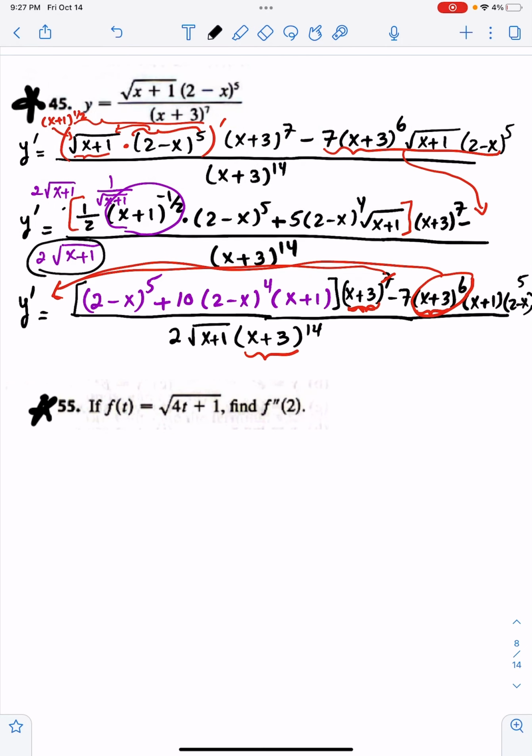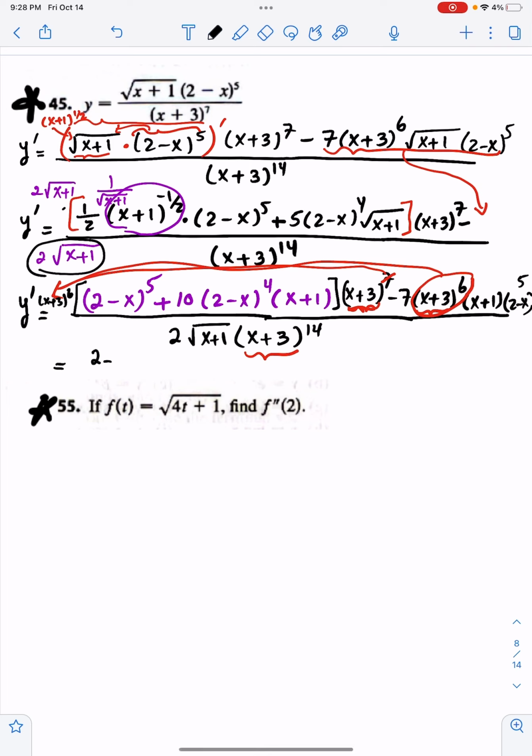And then (x plus 3) to power 6 could cancel with that to power 14, leaving (x plus 3) to power 8.